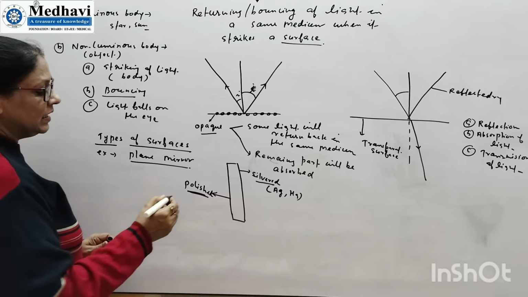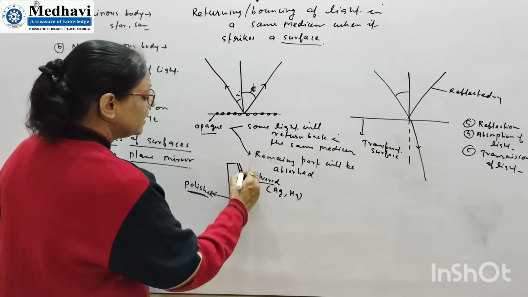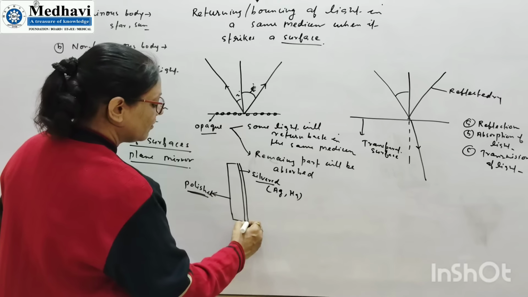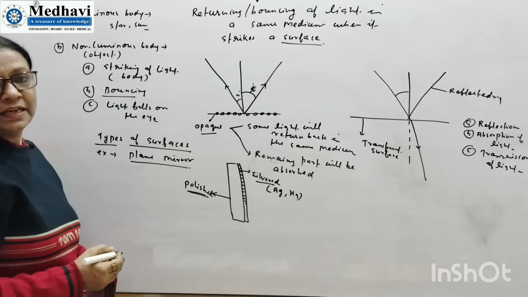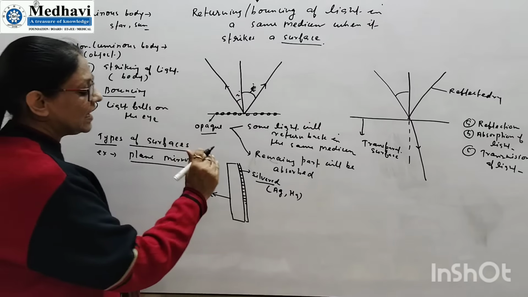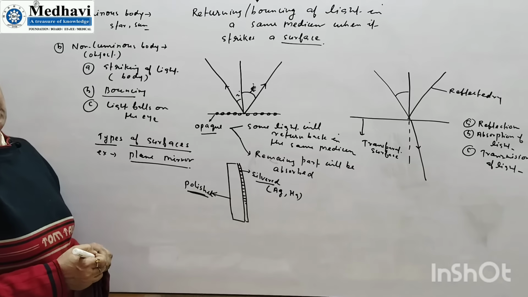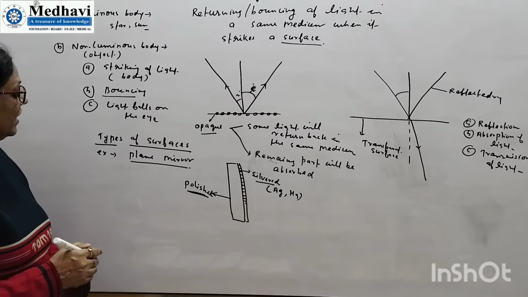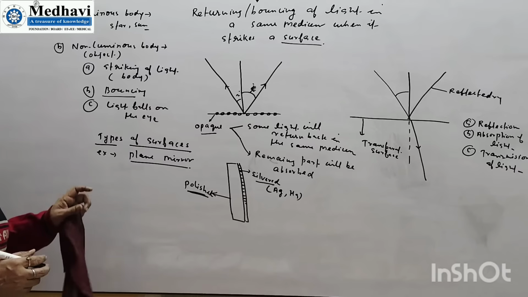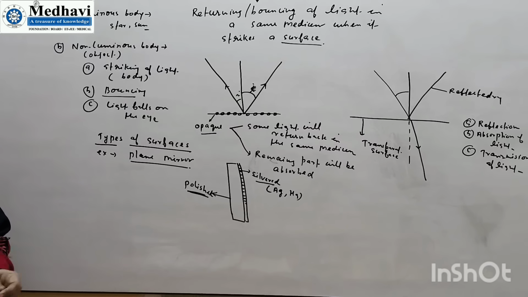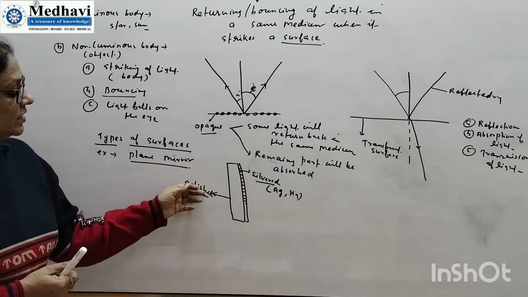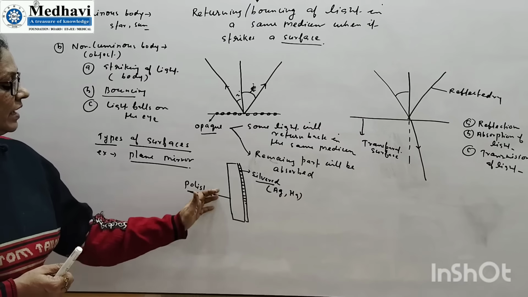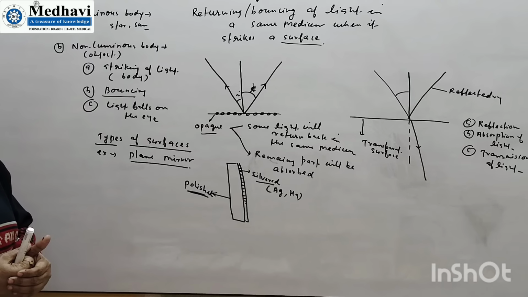After that, this silvered surface is covered with an opaque body so that the silvered surface could be protected. So this is the design of a plain mirror. This is the polished surface, where the reflection of light takes place.